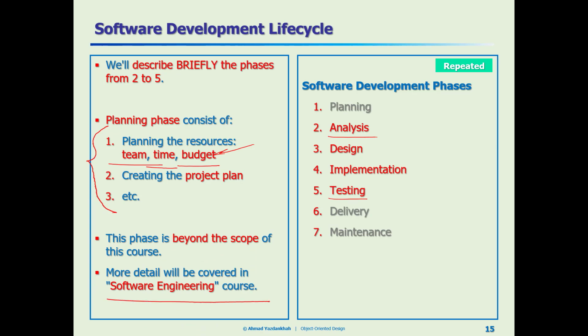All right. Before going further, we would need to be familiar with a new term, called artifact. So what is an artifact? When we talk about phases, each phase ultimately has an output. What is this output?